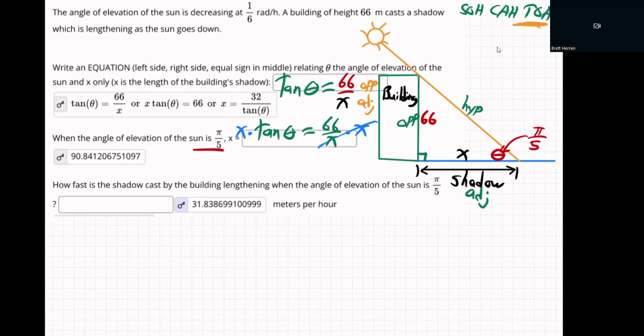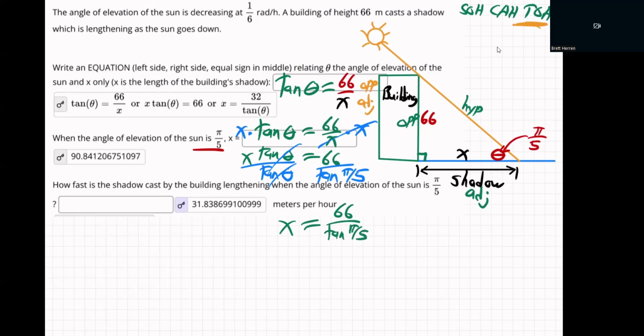The x cancels out here, and I get x tangent theta is 66. And then next I divide by the tangent. And by the way, let's put in that theta, pi over 5. So x will then equal 66 over tangent pi over 5.